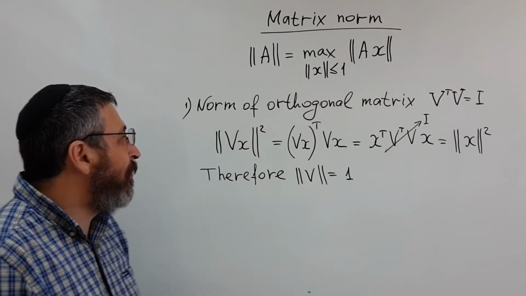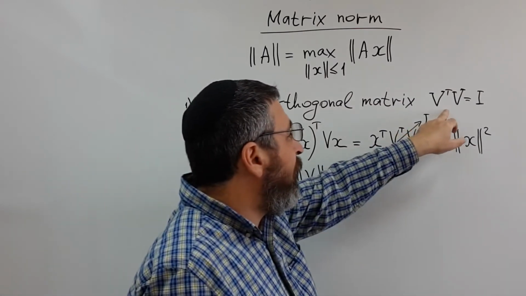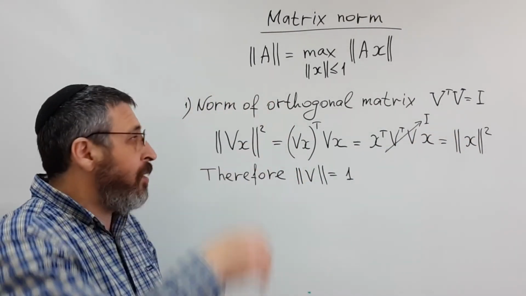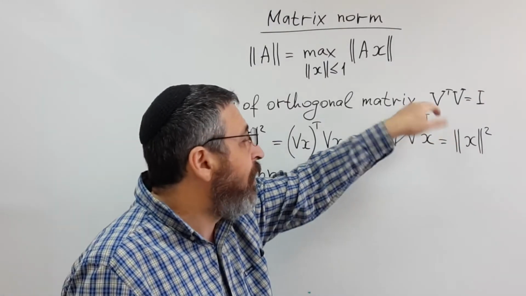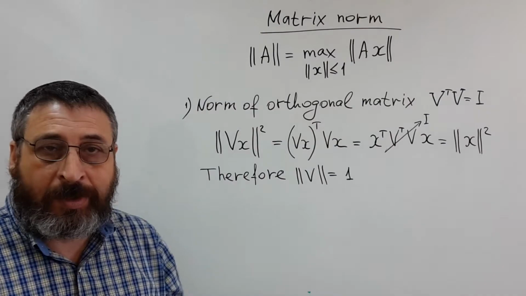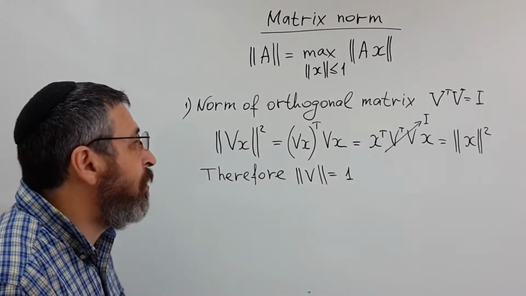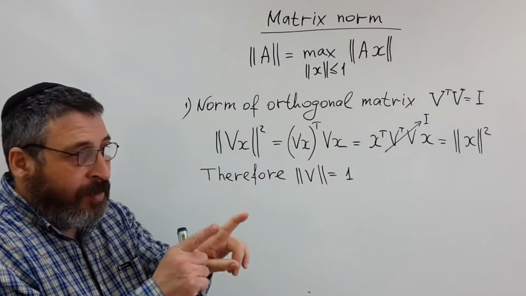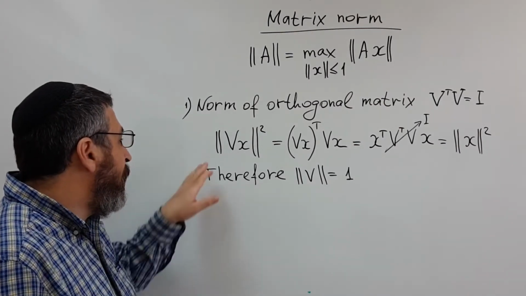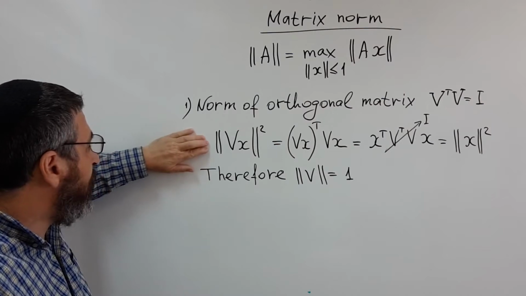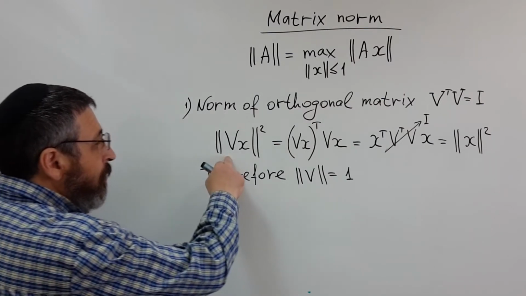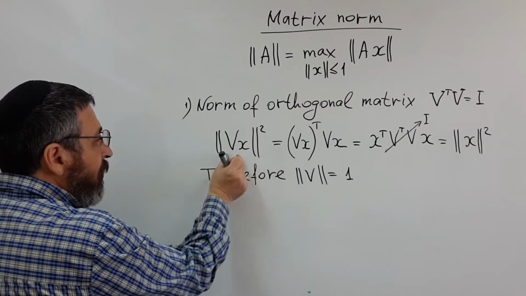And there are important particular cases which will help us to understand a bit more in depth the meaning of matrix norm. For example, we have an orthogonal matrix. Orthogonal matrix means a square matrix where rows and also columns are orthonormal vectors, with norm 1 and orthogonal one to other. What is the norm of Vx? We will consider this as a vector.